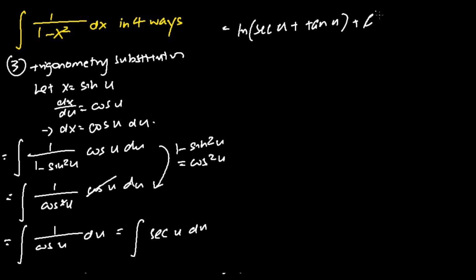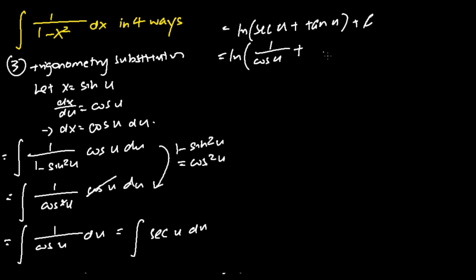To find out how to evaluate the integration of secant u du, I'll put a link in the video on the top right hand corner, directing you to the video showing the integral of secant u du. And the secant u can be rewritten as 1 over cosine u.